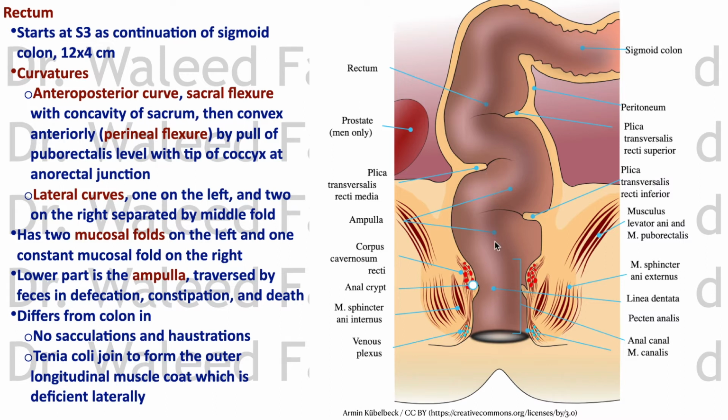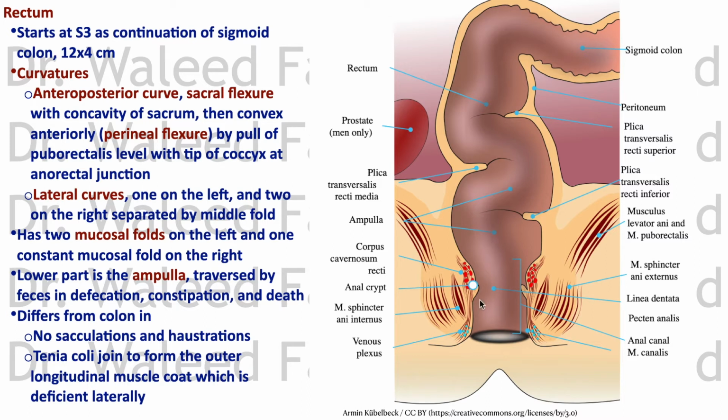The lower part of the rectum is called the ampulla, and we'll talk about it later. And the rectum as a whole differs from the intestine in the fact that it doesn't have haustrations and sacculations. Remember the haustrations and sacculations of the colon. And the tinea coli, which are the rudimentary longitudinal muscle fibers on the colon, become complete now and form an anterior and posterior coating of the rectum.